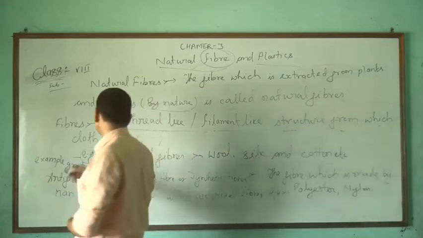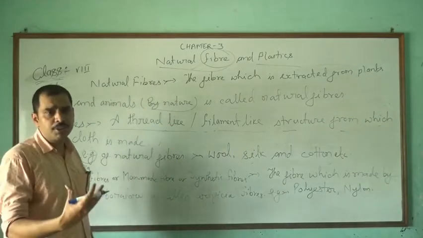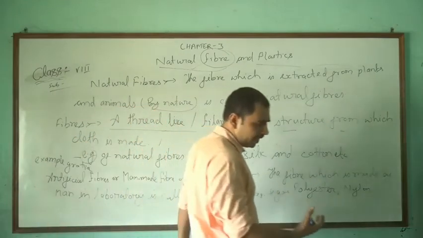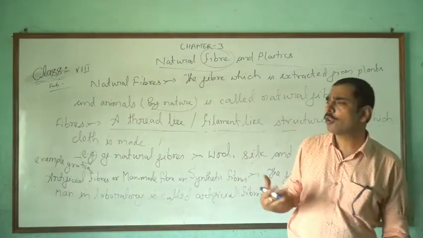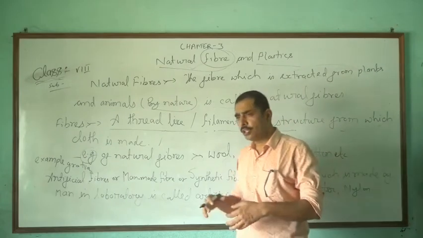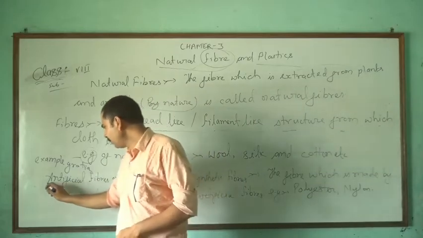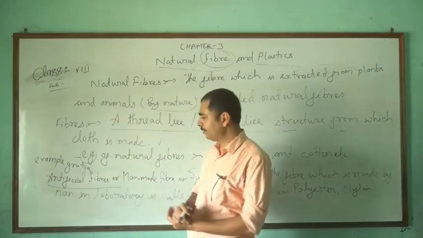Next, the other type of fiber. We know that man is a curious animal. Man has created lots of fiber by his own endeavor. So a new type of fiber came onto the scene, and that type of fiber is called artificial fiber.